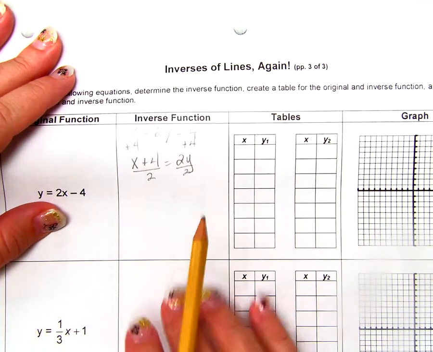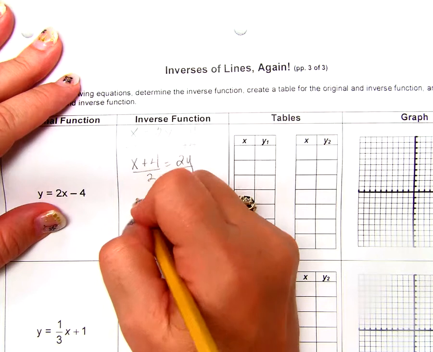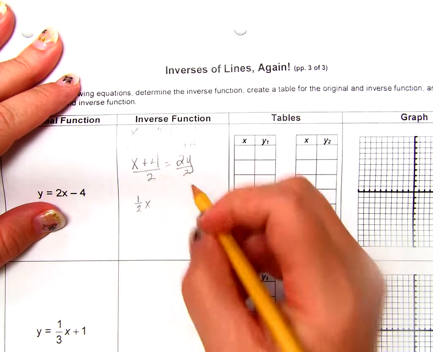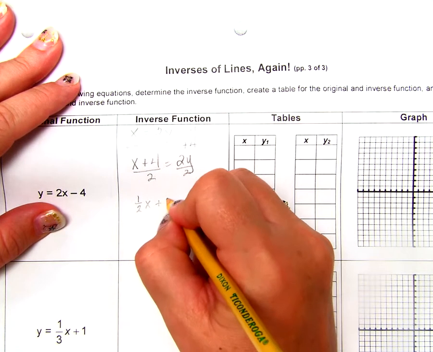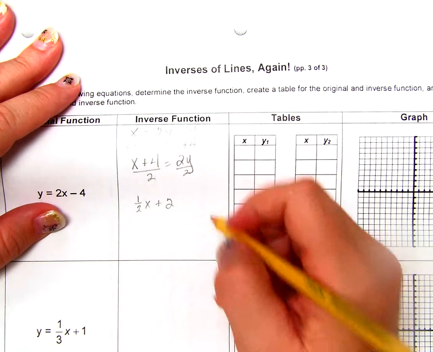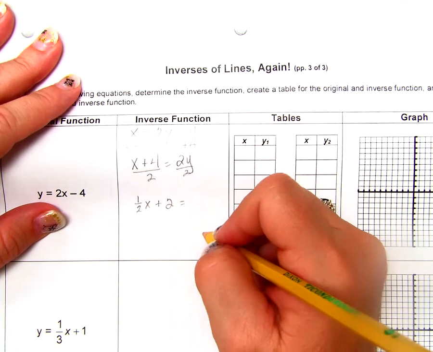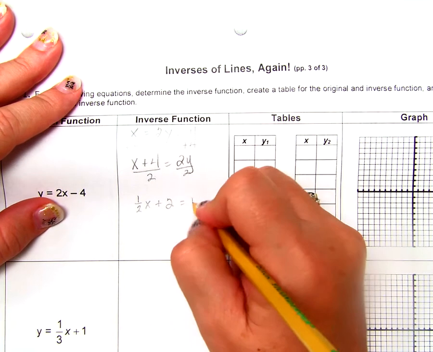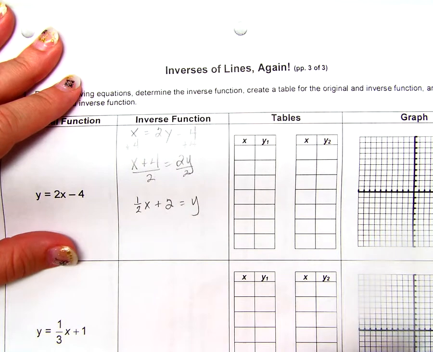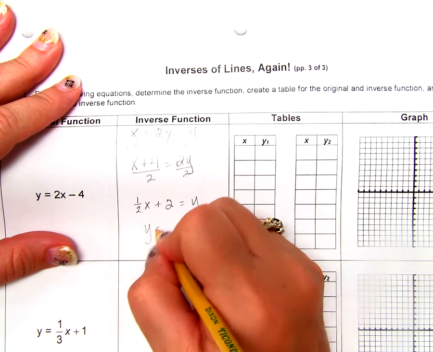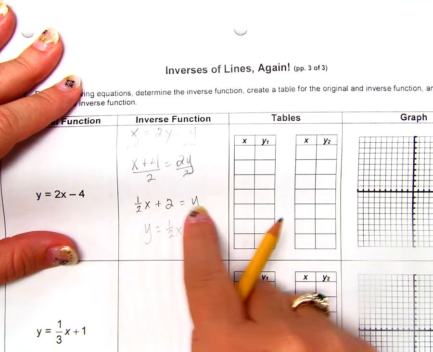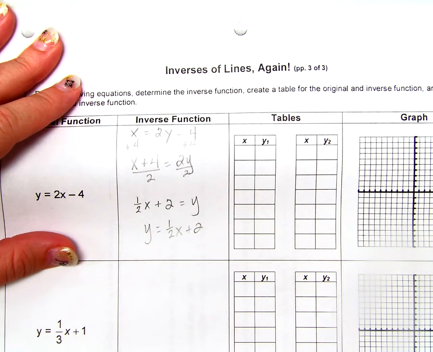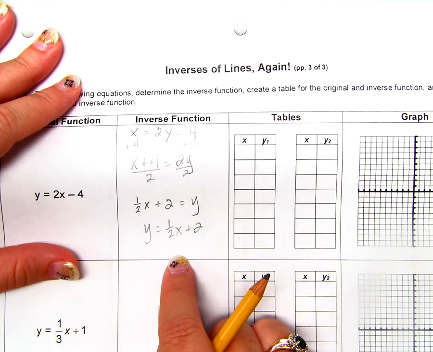What's x divided by 2? 1/2 x. What's 4 divided by 2? 2. What's 2y divided by 2? Y. Just to make sure that we're clear, you realize that these are the same thing, right? And this is not an inverse because y is on the right side. Everybody okay with that?